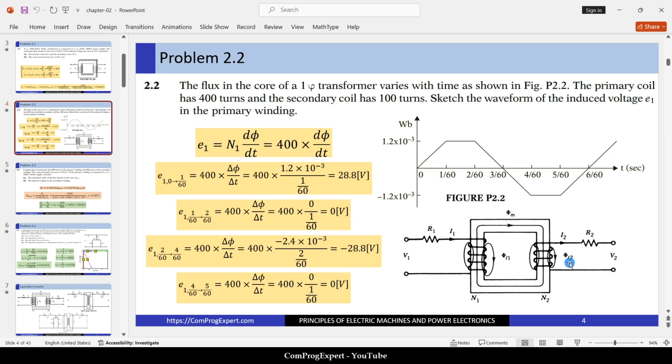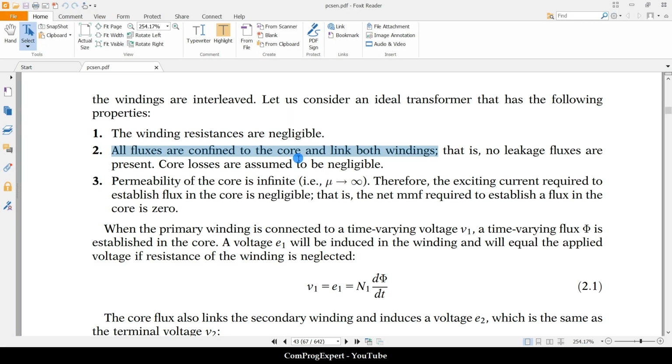By leakage flux we mean the flux that is generated by a coil but is not linked to the other one. So phi m, the core flux, is the mutual flux, the flux that is linked to both coils. And also R1 and R2 are equal to 0 in an ideal transformer.